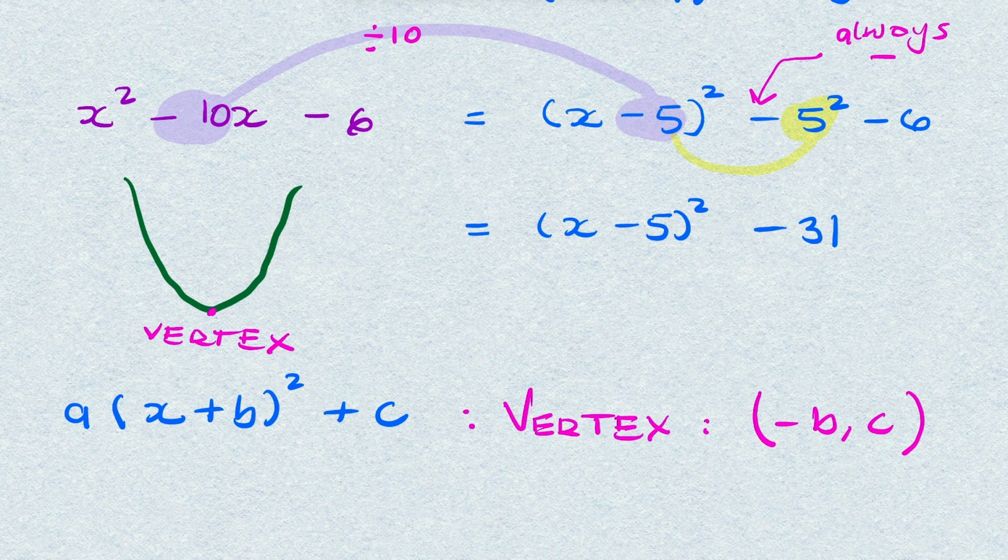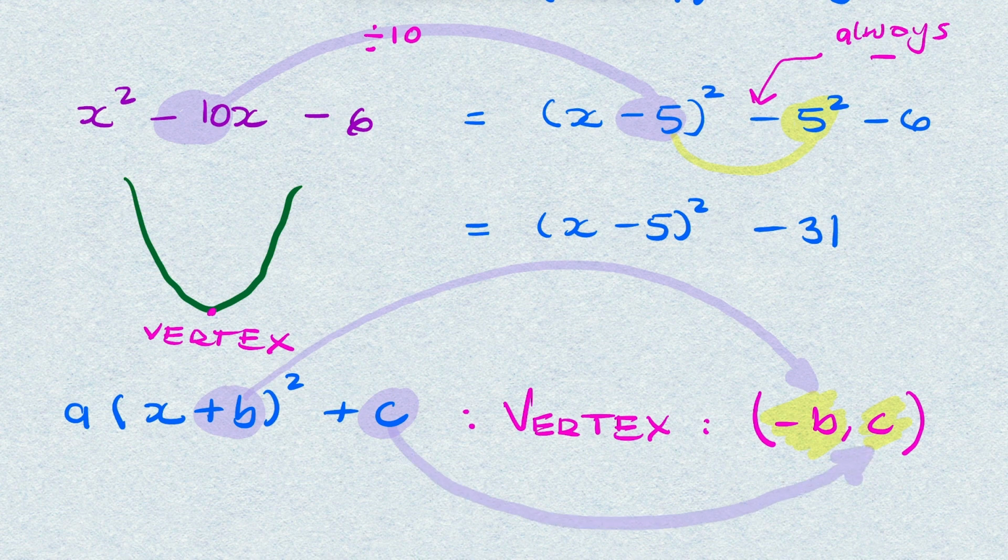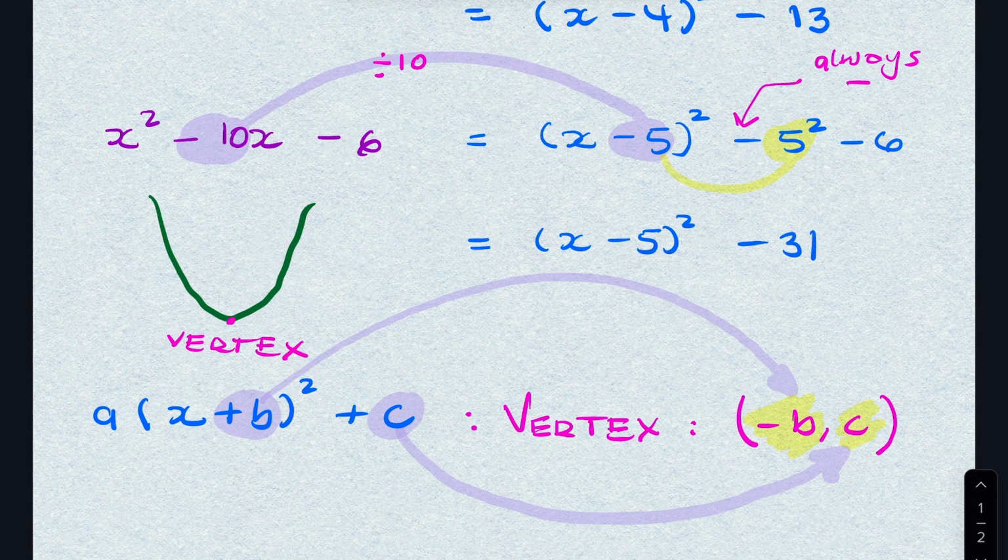So the coordinates of the vertex are minus b and c. So that means that the first number here, the number that's added to x, we change the sign from positive to negative, and this number that's added, we keep it the way it is. So that's how we find the vertex.